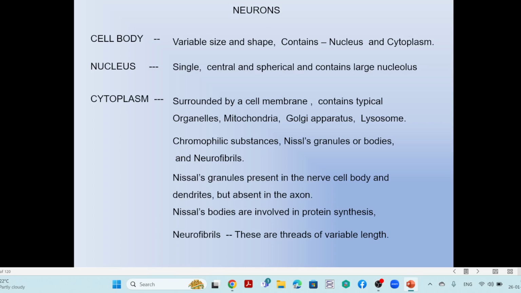This cytoplasm is a fluid that particularly contains organelles like mitochondria, Golgi apparatus, lysosomes, chromophilic substances, and also Nissl granules or Nissl bodies, and neurofibrils.